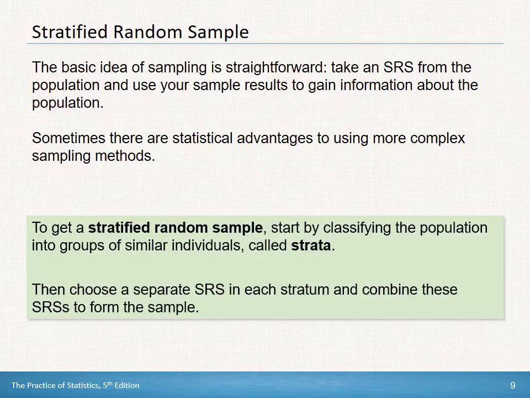Let's say that I want to guarantee that I get 25% from each of those groups because I want to make sure that it's spread amongst the ages. If I want 100 people in my sample, then I'm going to pick 25 freshmen, 25 sophomores, 25 juniors, and 25 seniors. I'm going to separate them based on their classification. Then I just go in and pick 25 from this group, 25 from that group, and so on.